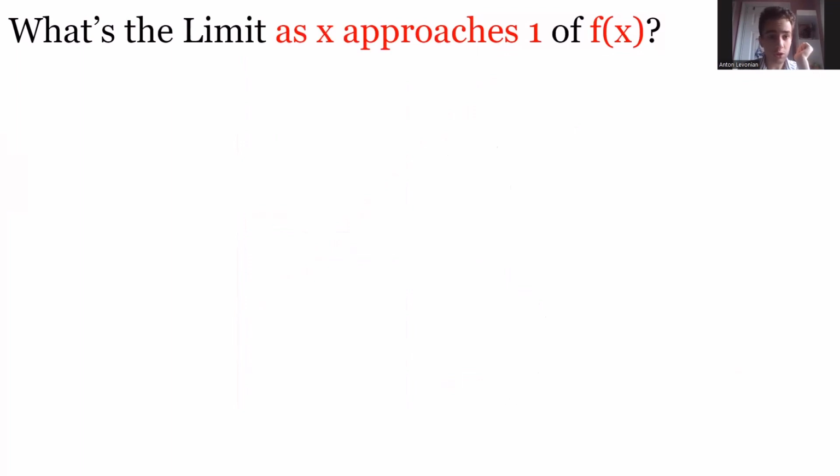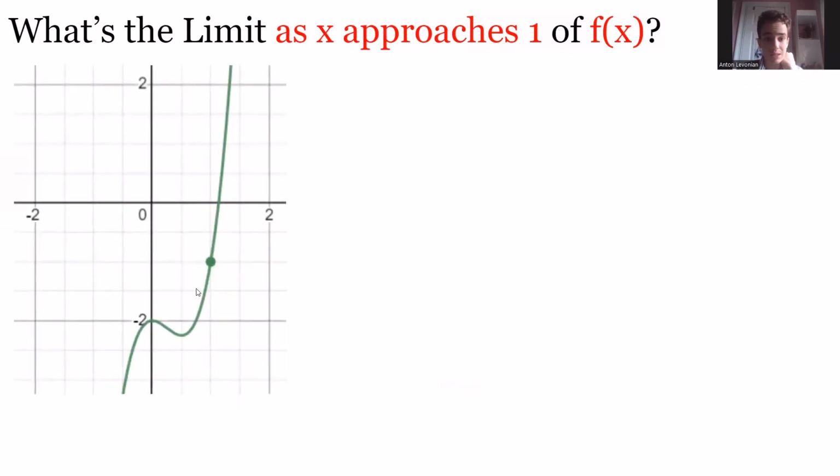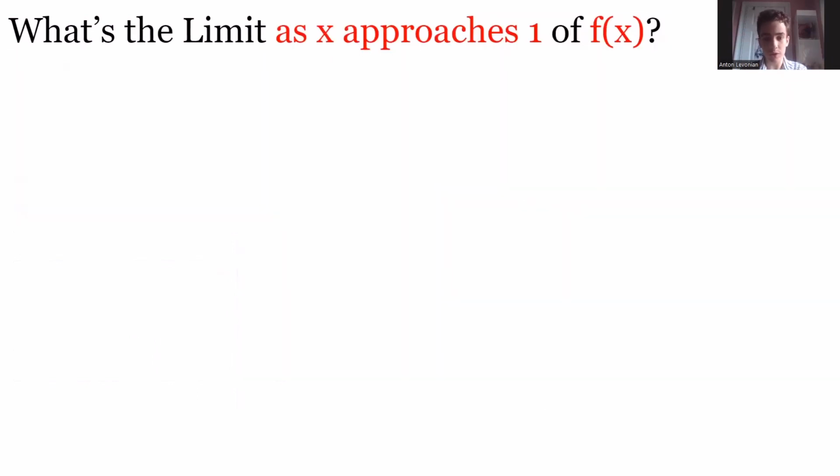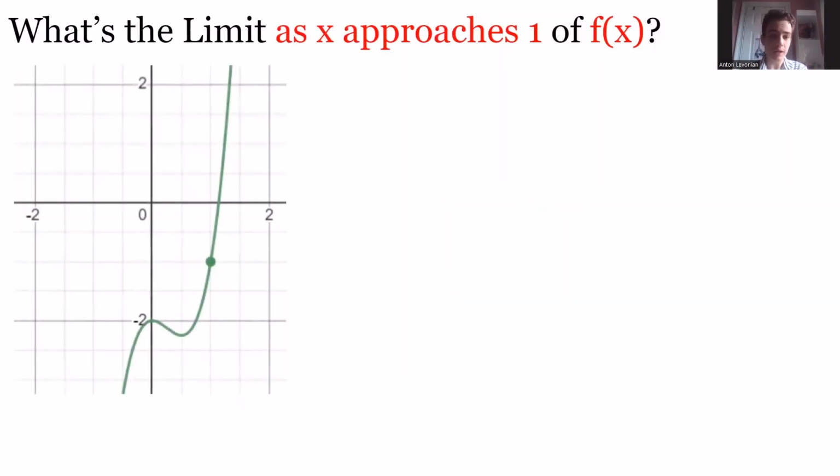So the question here is, what is the limit as x approaches 1 of f of x, where f of x is this function right here? Again, notice that the function in the previous example wasn't defined at the input in question, which was 3. It doesn't have to be undefined there for the function to approach something.